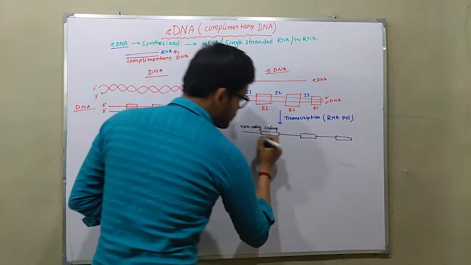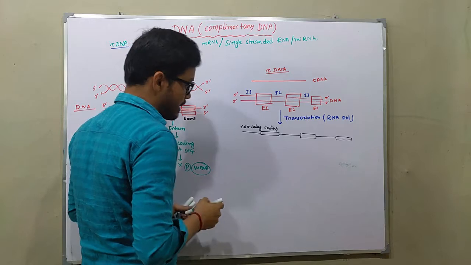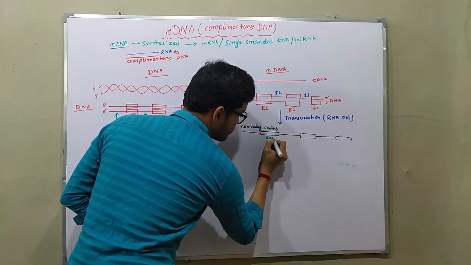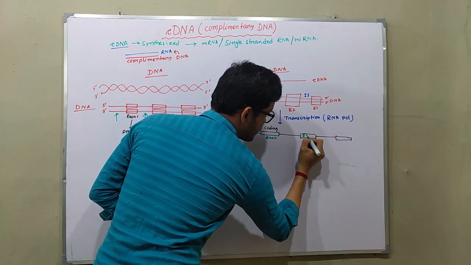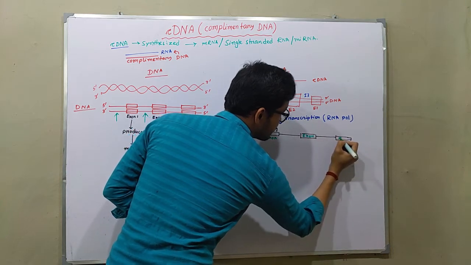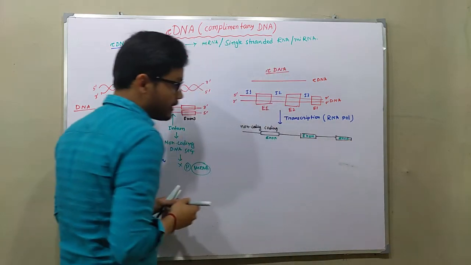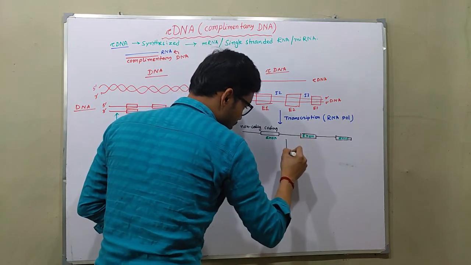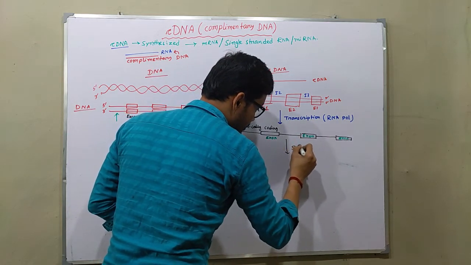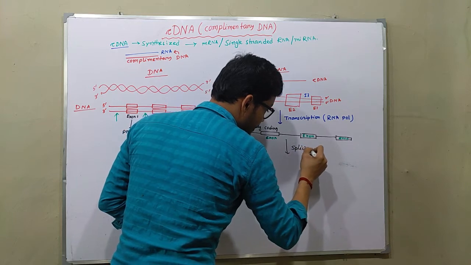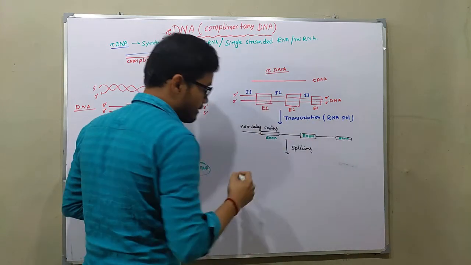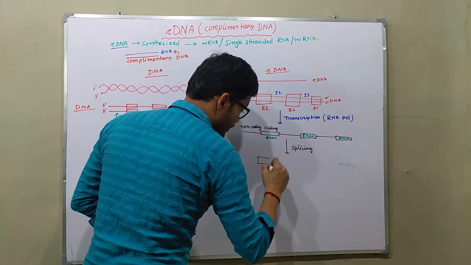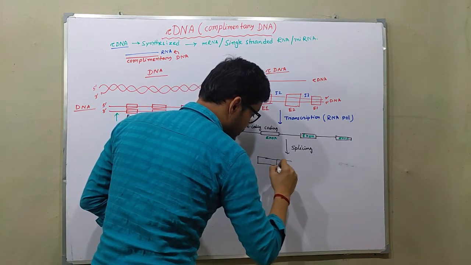These coding sequences are known as exons. This is an exon, this is another exon, and this is another exon. After that it is spliced.